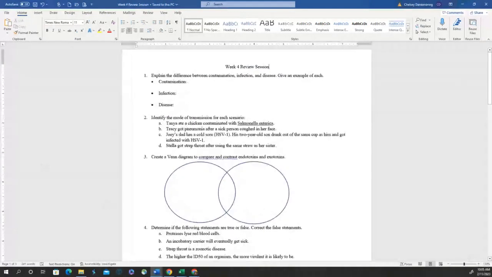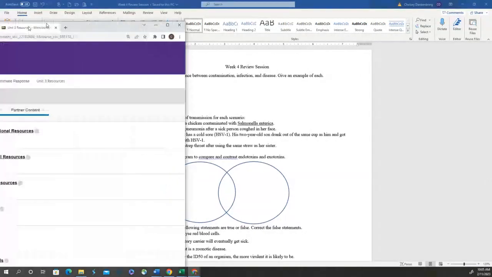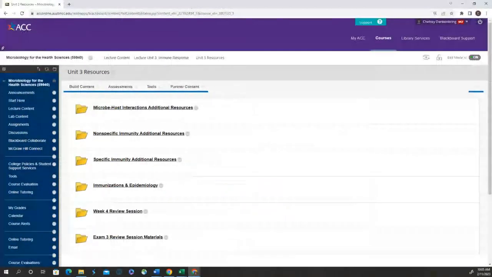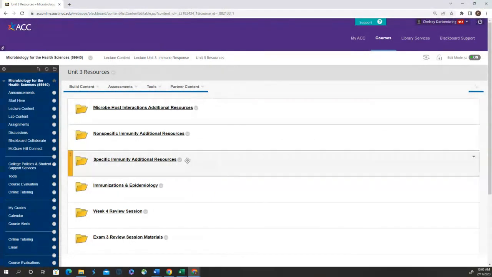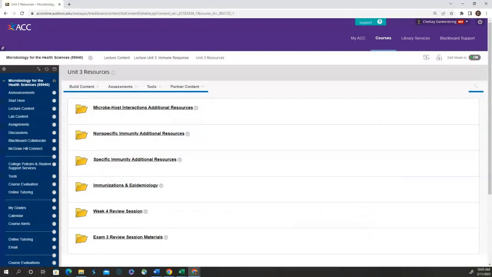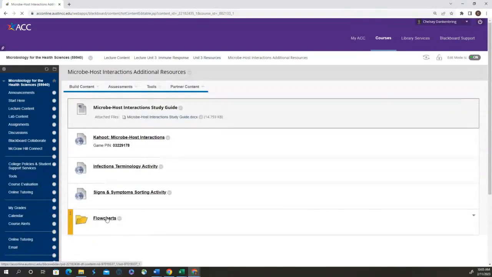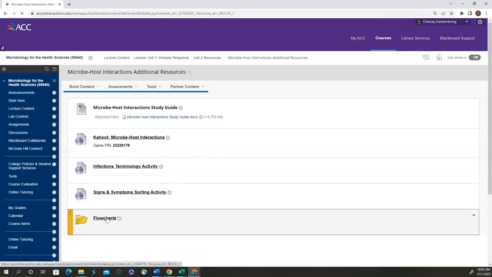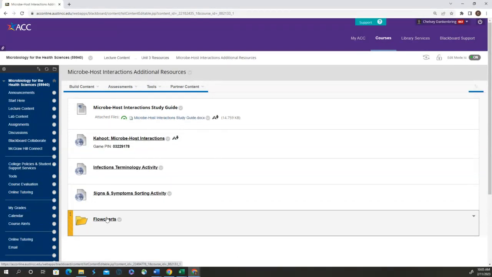Actually, before we start, there's something else I wanted to show you. If we're back in the Unit 3 resources folder, if you go up to the Microbe-Host interactions and click on that one, I recently, just this morning, added a folder called flowcharts. Last semester, my students overwhelmingly loved flowcharts.